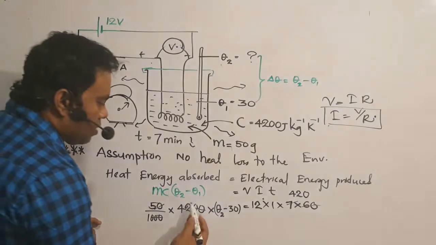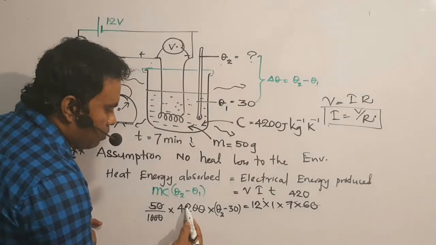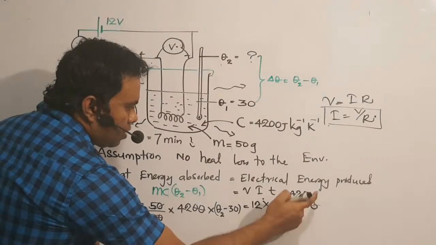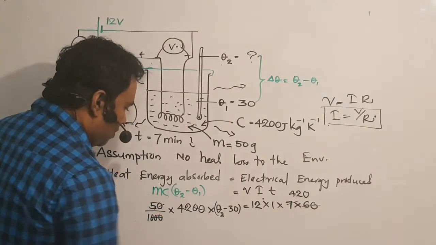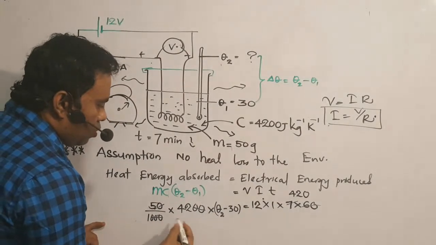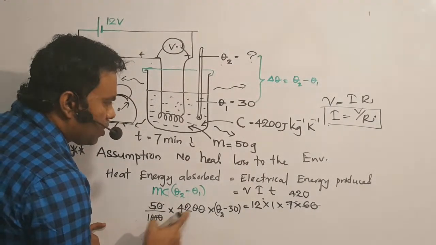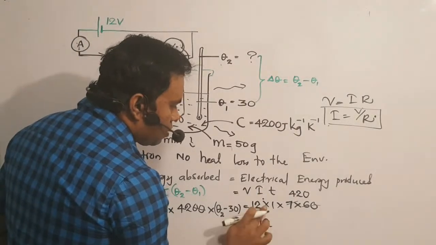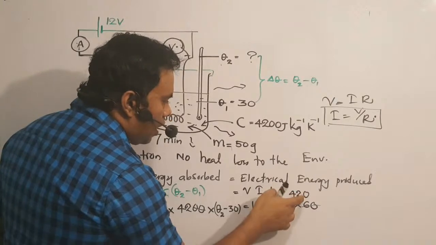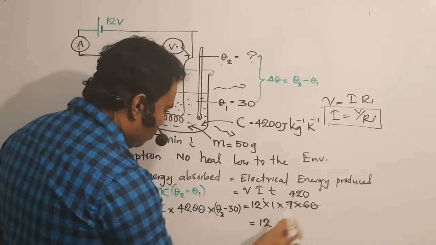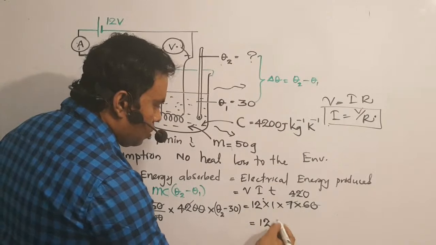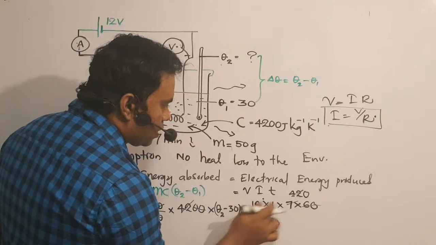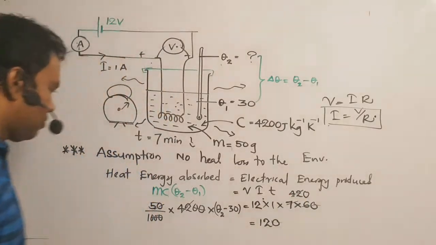So simply 42 can be cut off to that. Okay, 42 to 42. Then only 10 remains here. So 42 to 42. So what remains? 12. 12 times 1, 12. And we can cut off this 42 to this 42. So 12 times 10 means 120.